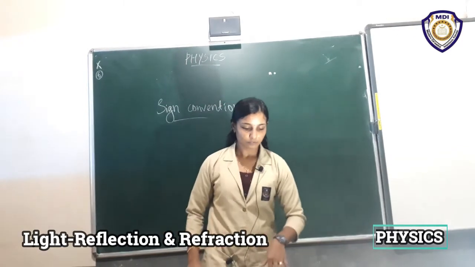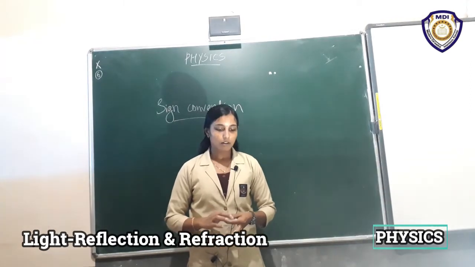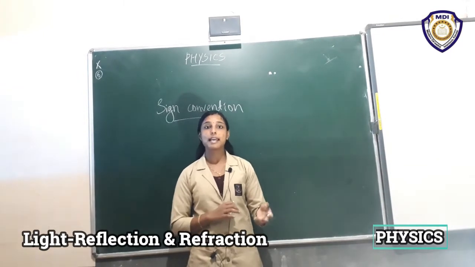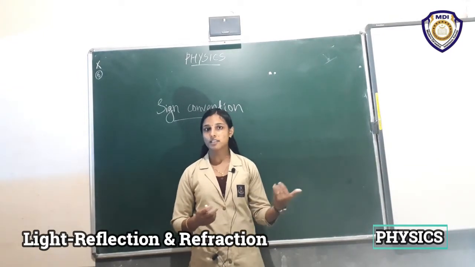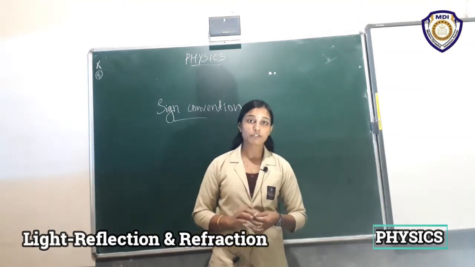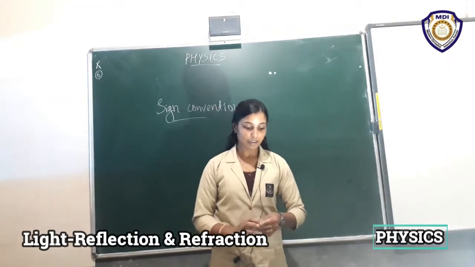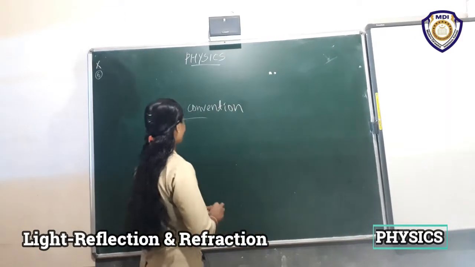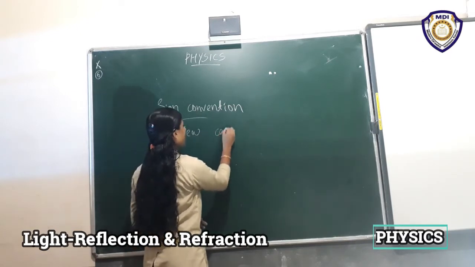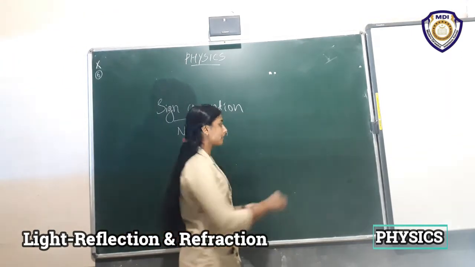So we are dealing with the reflection of light by spherical mirrors like convex and concave mirrors, right? So we shall follow a set of sign conventions called the new Cartesian sign convention. You know what Cartesian coordinates are?